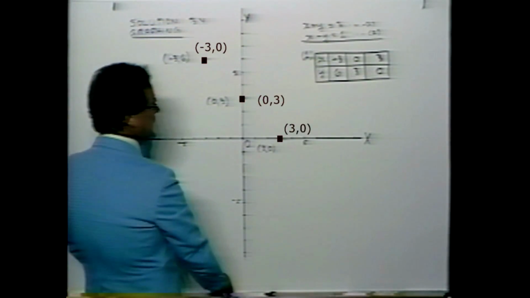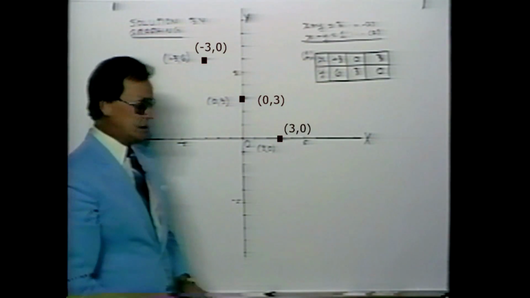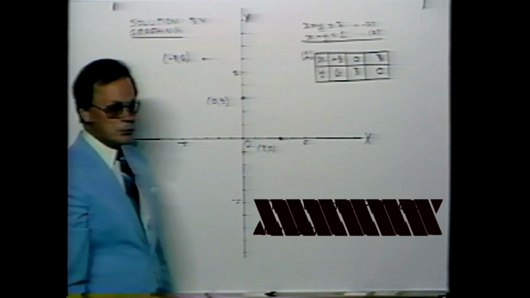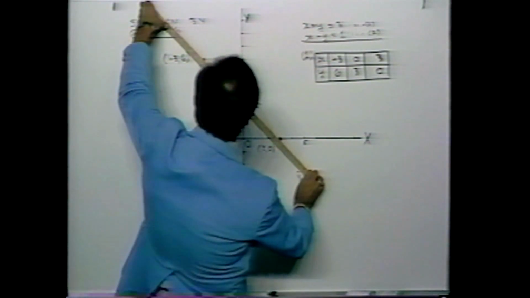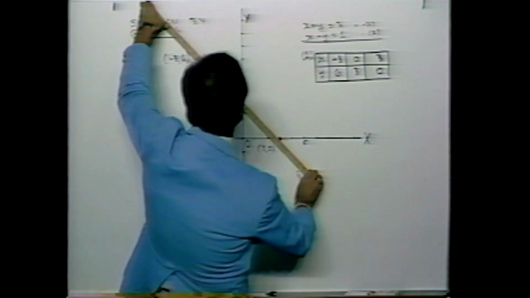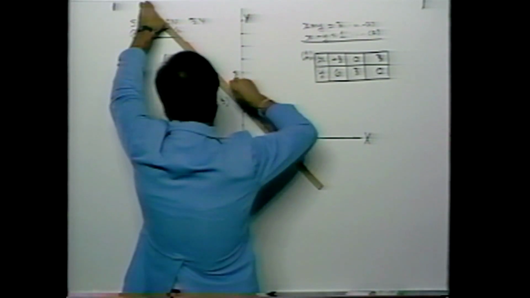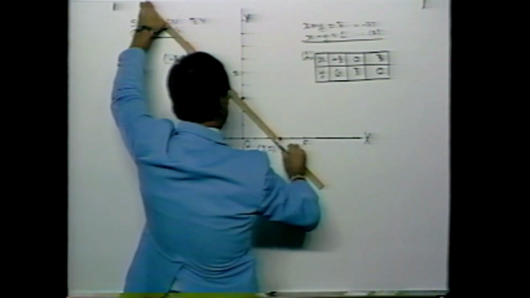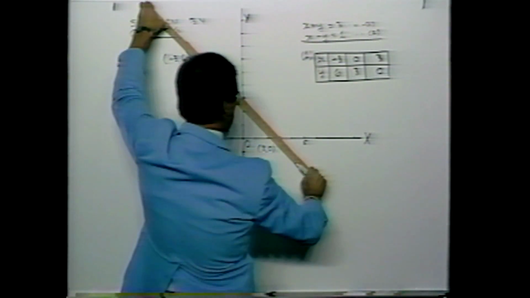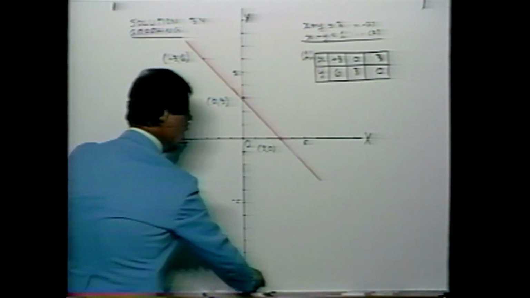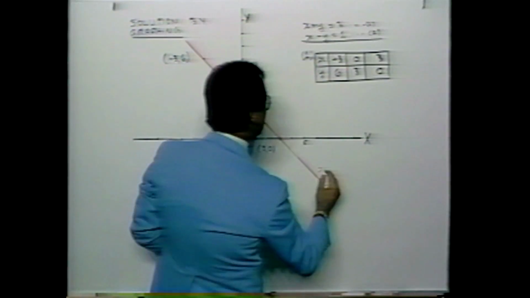Now, as I explained, these points are lined up. And what it means is that if you draw a line through those points, you'll get the line that represents the equation x plus y equals 3. So that line is the line for x plus y equals 3.